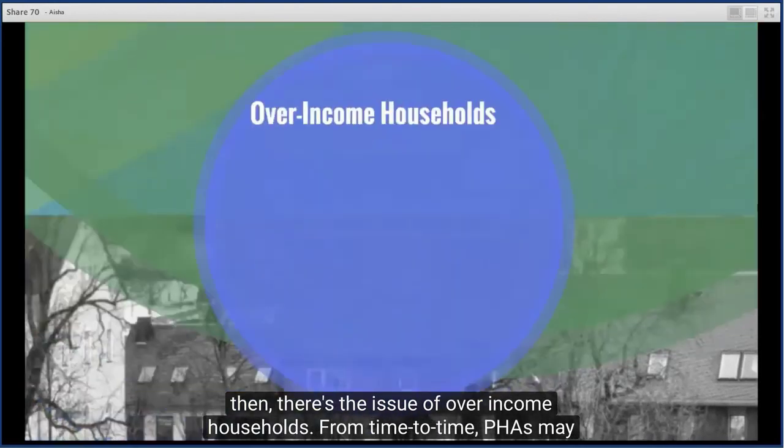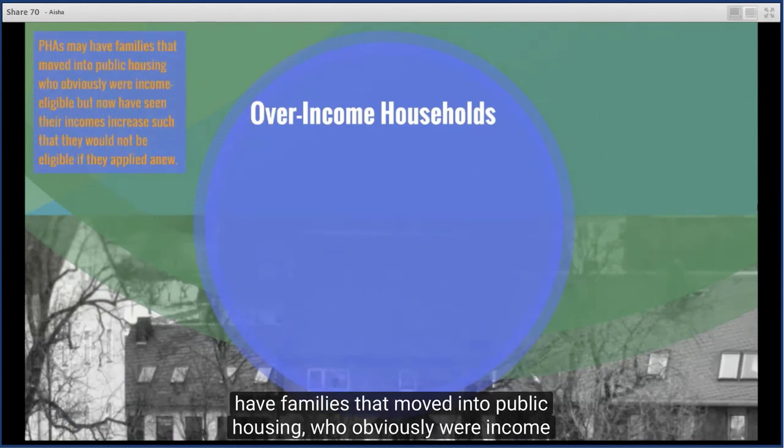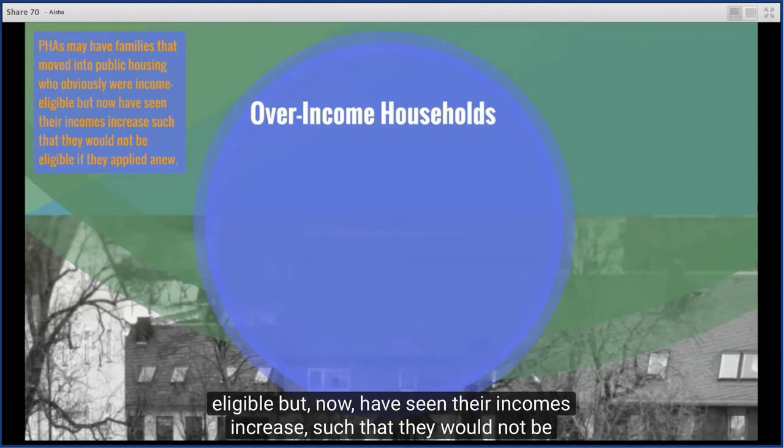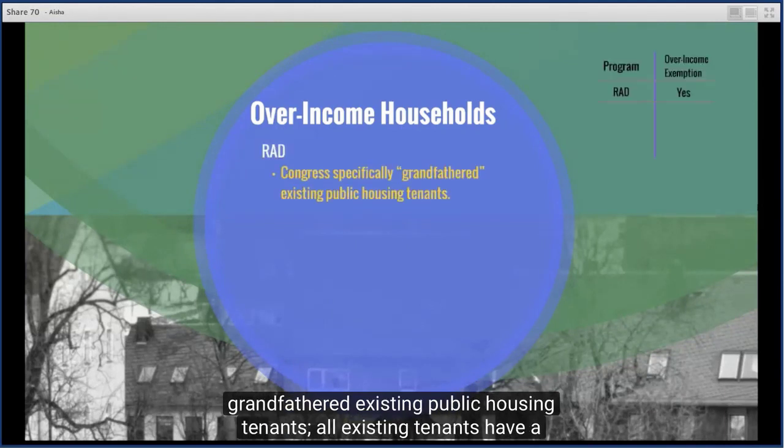And then there's the issue of over-income households. From time to time, PHAs may have families that moved into public housing who obviously were income eligible, but now have seen their incomes increase such that they would not be eligible if they applied anew. In the RAD statute, the Congress specifically grandfathered existing public housing tenants.